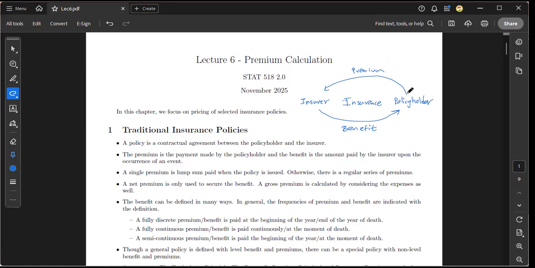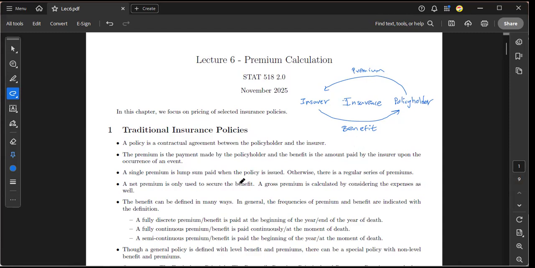So mostly for the premium payment scheme we apply the annuity, but depending on the type of the insurance, there will be one benefit payment or a series of benefit payments. If there's one benefit payment, we use the present value calculation equations in chapter 4. But if it is an annuity, we use the chapter 5 equations.